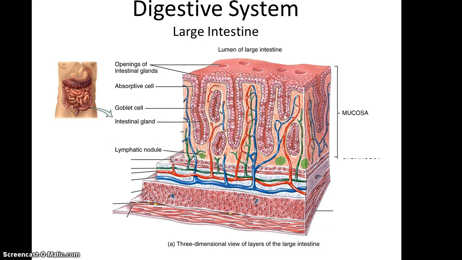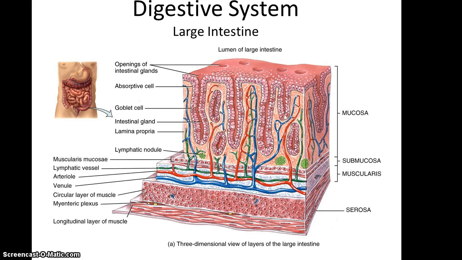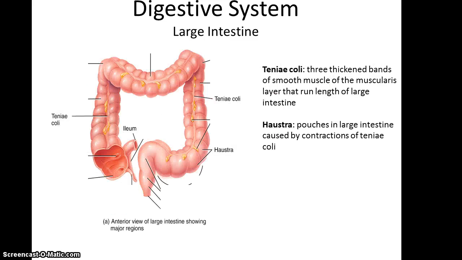Alright, the large intestine. Well, the large intestine looks about like we expect, except along its mucosal layer it has what are referred to as intestinal glands. And these glands basically produce mucus, and that's it for the most part. Also running along the full length of the large intestine are these 3 thick bands of smooth muscle.